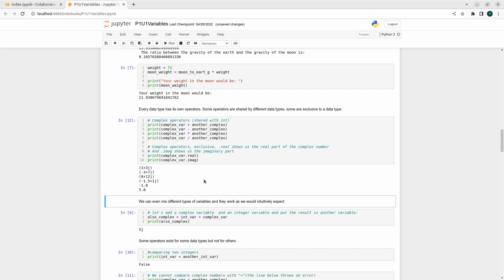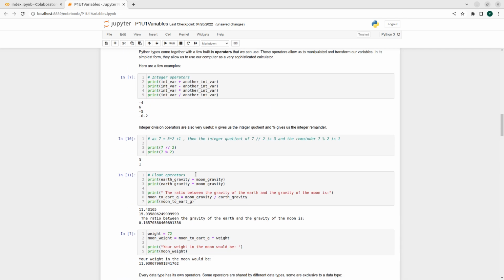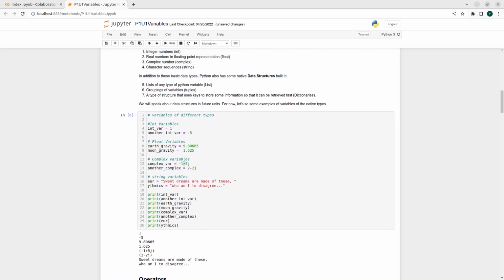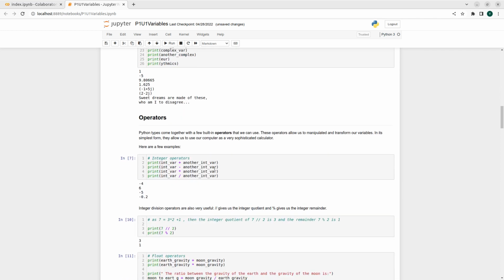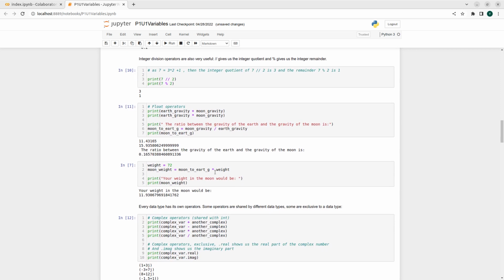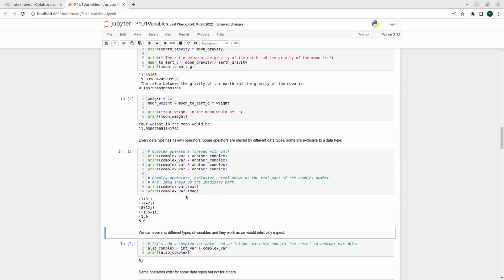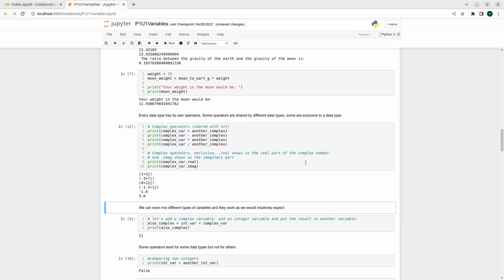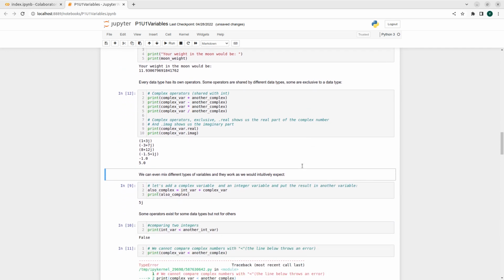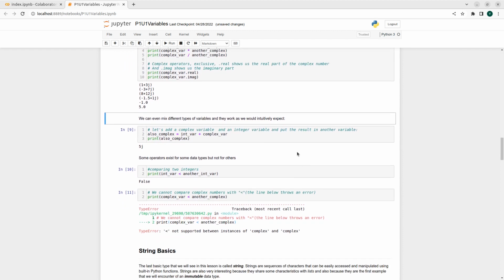As you can see, complex var was defined here as -1 plus 5j, which stands for the complex part, and I can access them both here, the real and the imaginary part. And if you have never done complex numbers, really don't worry too much about them. If you have, you can write lots of code in Python that works with them because they are a built-in type.